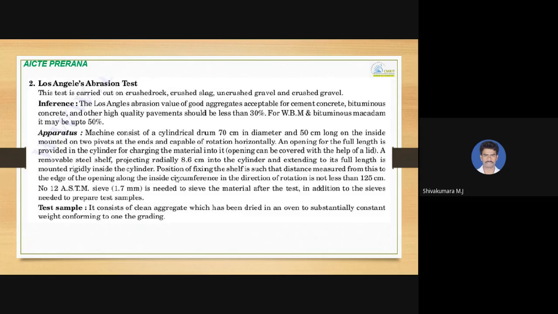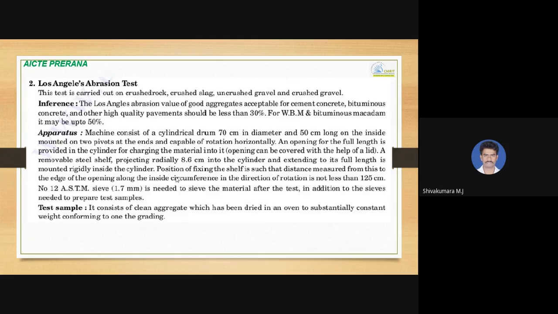To assess the same property, we have another test, that is the Los Angeles abrasion test. This test is carried out on crushed rocks, crushed slag, or crushed gravel.